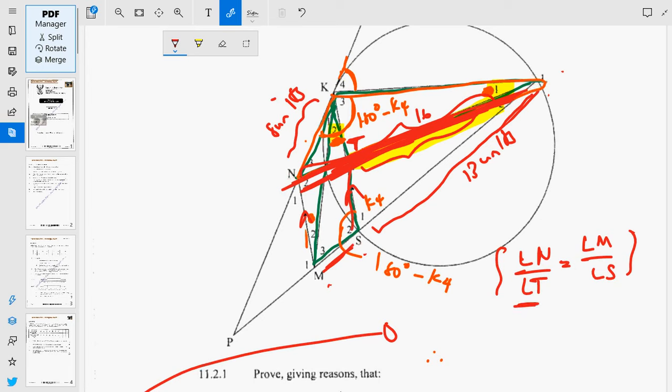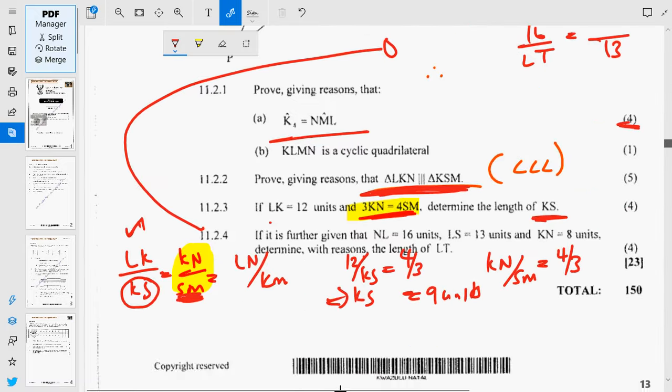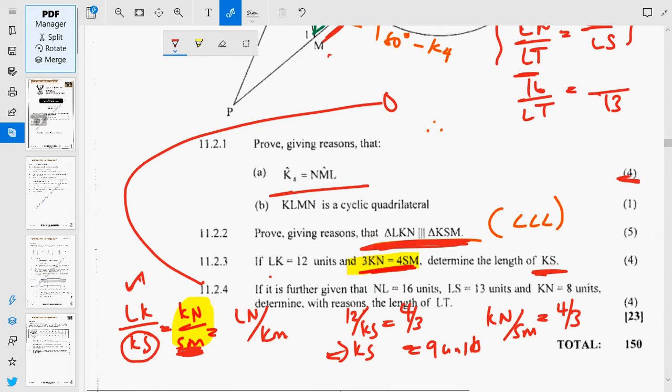Right, have I been given LN? Yes. It is 16 over LT is equal to my LM. Now my LM is missing. Now LS is 13. Okay, how do I get LM? Right, now you are given that NK is 8 units. Now you have to remember that your examiner said to you that 3 times KN is equal to 4 SM.